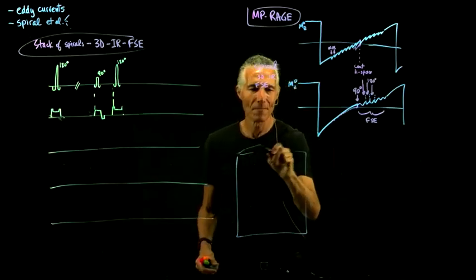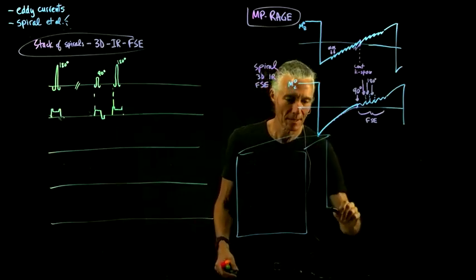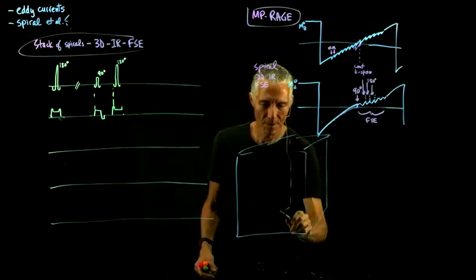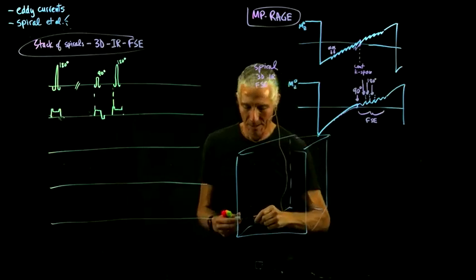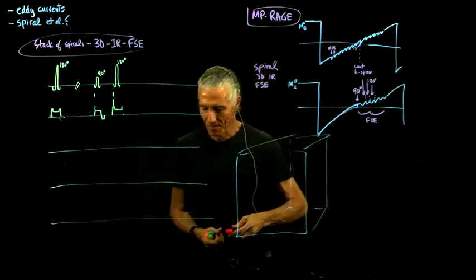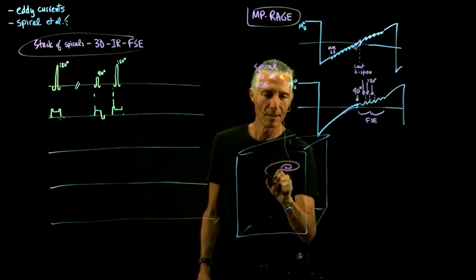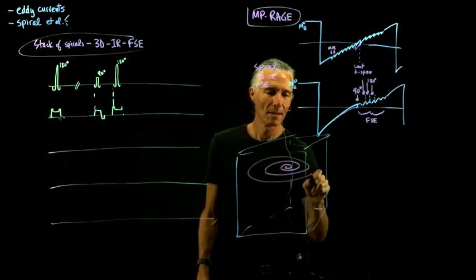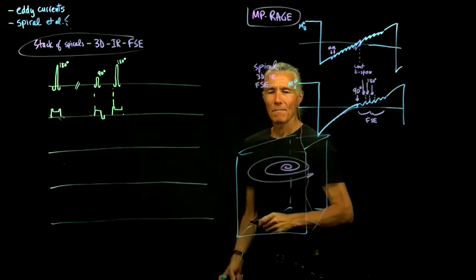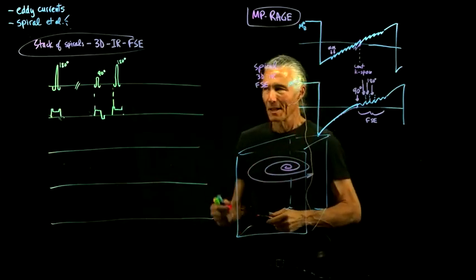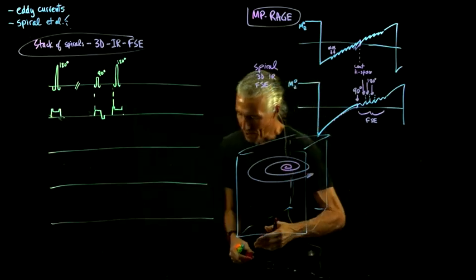So here's our K-space. So the idea is we do one spiral up here, and then at some later point we do another.